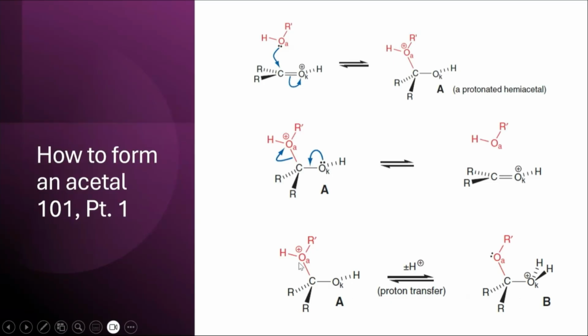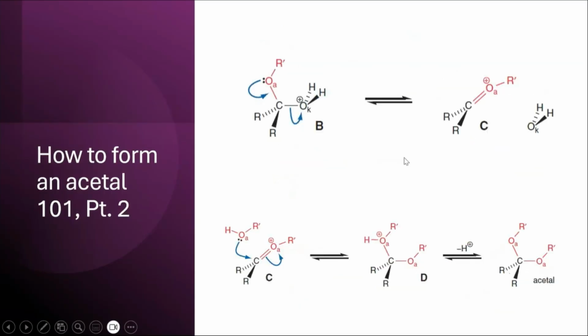And we can see here the proton, quote unquote, gets stuck onto that other oxygen atom. This one's called OK. This one's called OA. And in the end, we have B. So what actually can happen is we can use curly arrow mechanisms, and we can see that a water molecule is going to leave. And now we have a carbon that's double bonded to an oxygen, and it's attached to this R prime group.